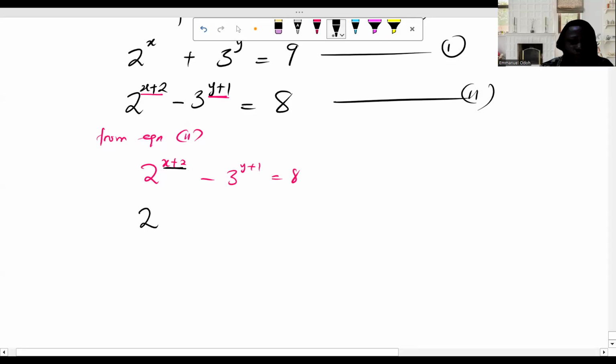I can write 2 to the power of x plus 2 as 2 to the power of x times 2 to the power of 2. Any confusion there? So this is the same thing as this.